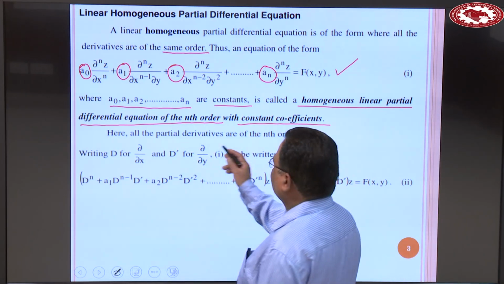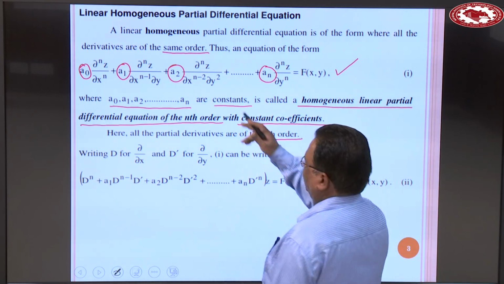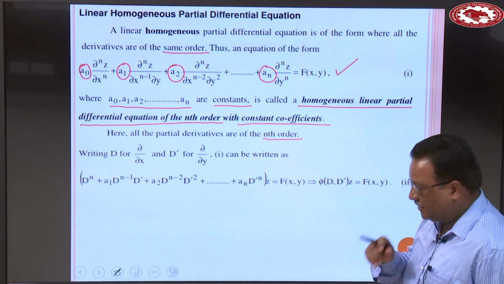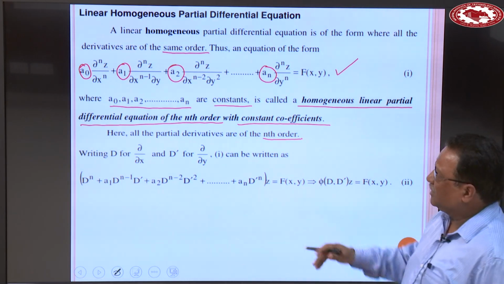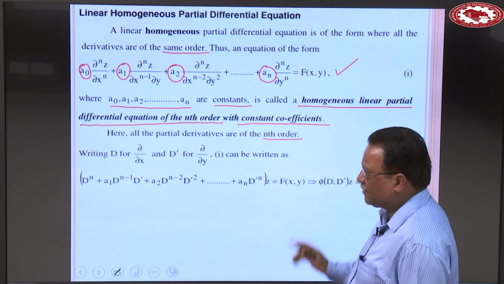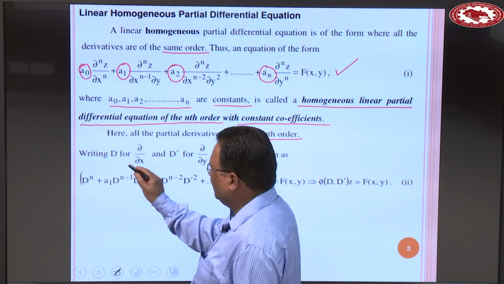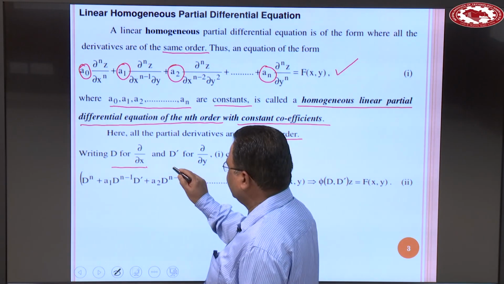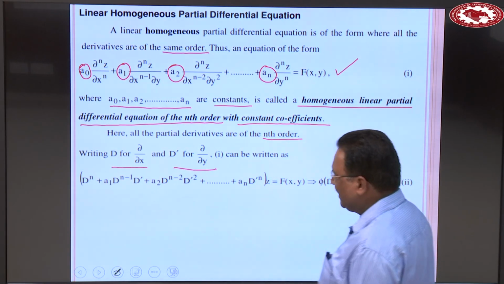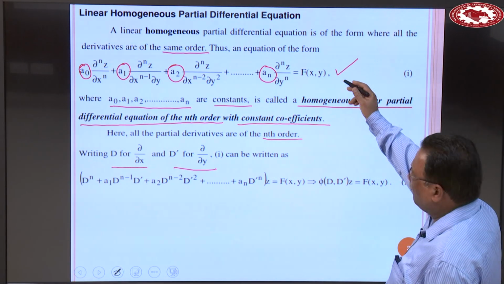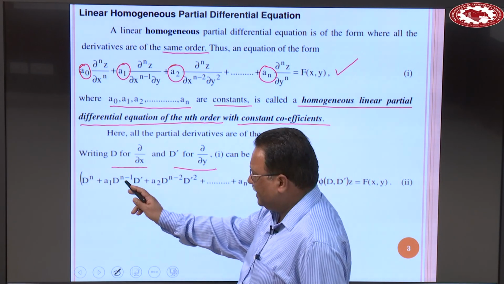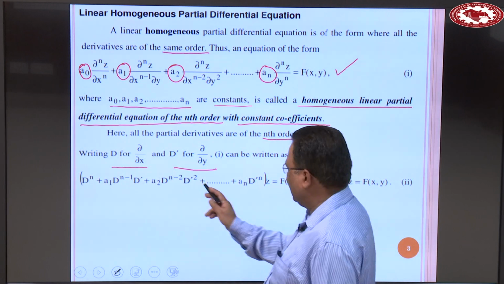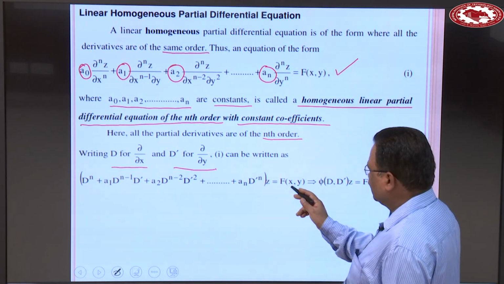Here all the partial derivatives are of the nth order in this problem. But in the previous slide the equation is linear but not homogeneous. Homogeneous can be written this way. Writing D as ∂/∂x and D dash as ∂/∂y, this equation 1 can be written as Dⁿ plus a1 Dⁿ⁻¹ D dash plus a2 and so on, z equal to f(x, y).